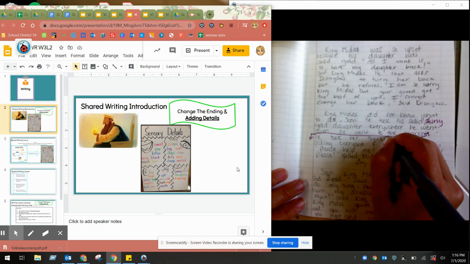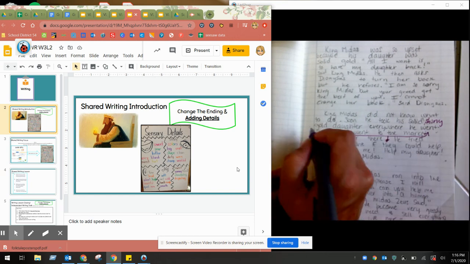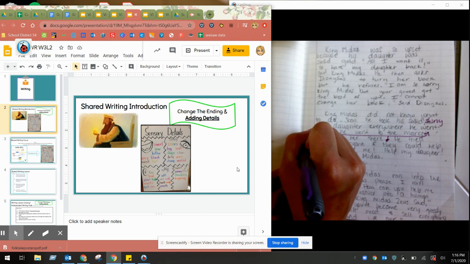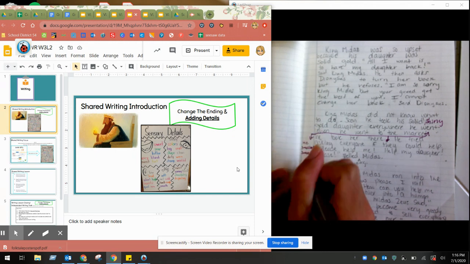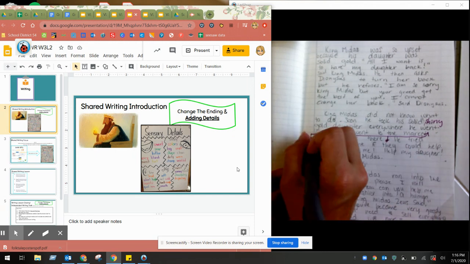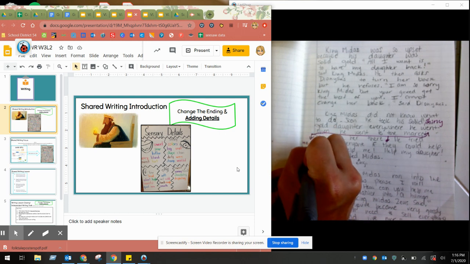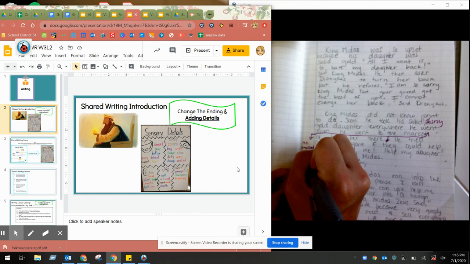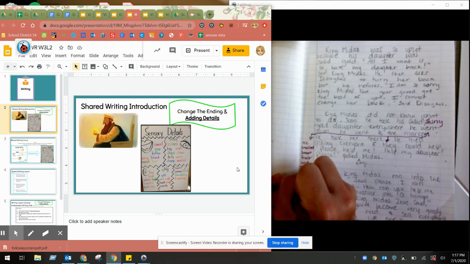So maybe even right here, right after he took her there, maybe I'm going to say he smelled sweet. There's that sensory detail, sweet fruit, and remembered how hungry he was.